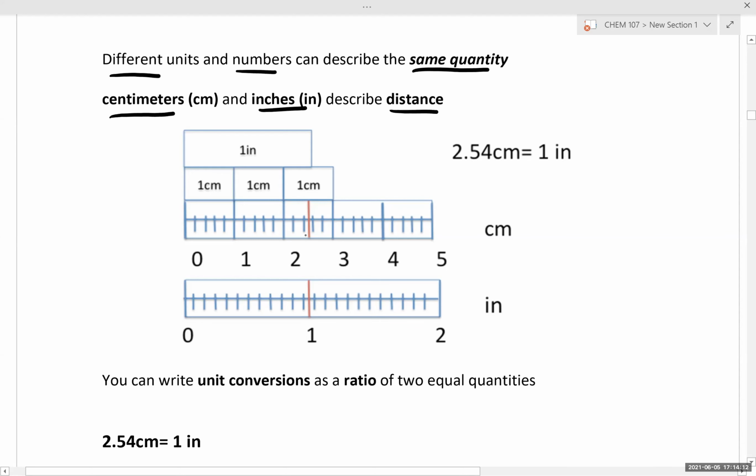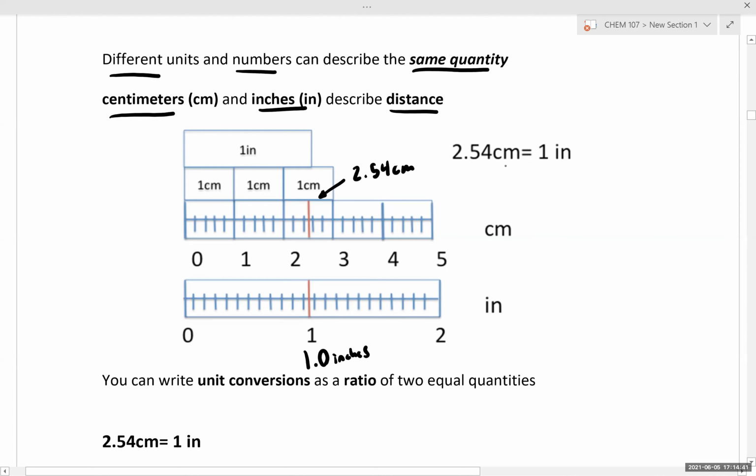So for example, if we measured out 1.0 inches, and we decided to measure the exact same length, the exact same quantity of distance, in centimeters, we see that that turns out to be about 2.54 centimeters.